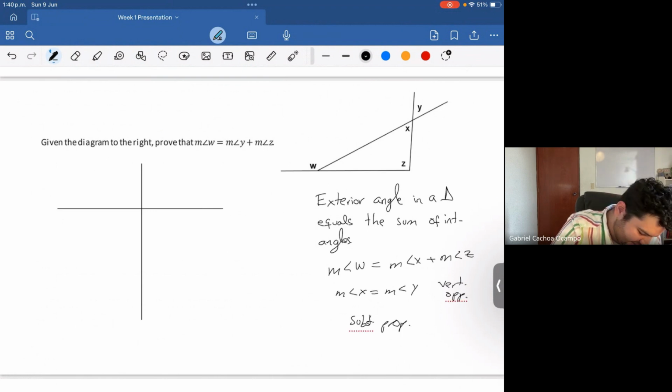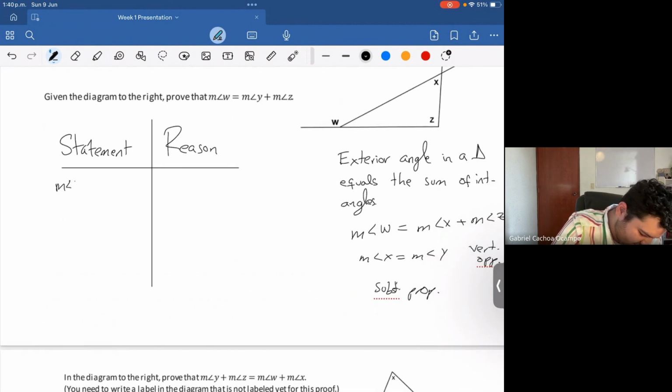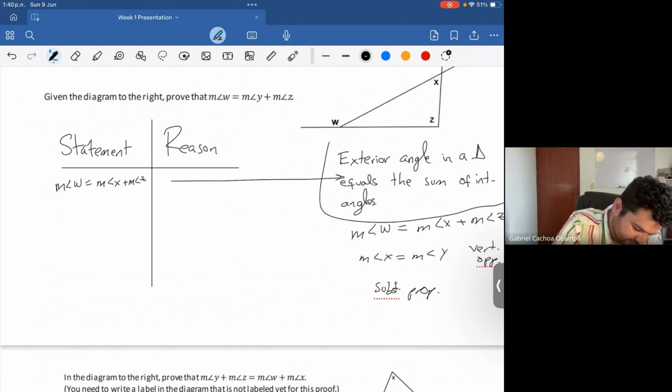Okay, so my statement and my reason. My first statement is that angle W is the same as angle X plus angle C, and this is my reason: exterior angles in a triangle equal the sum of the interior angles.